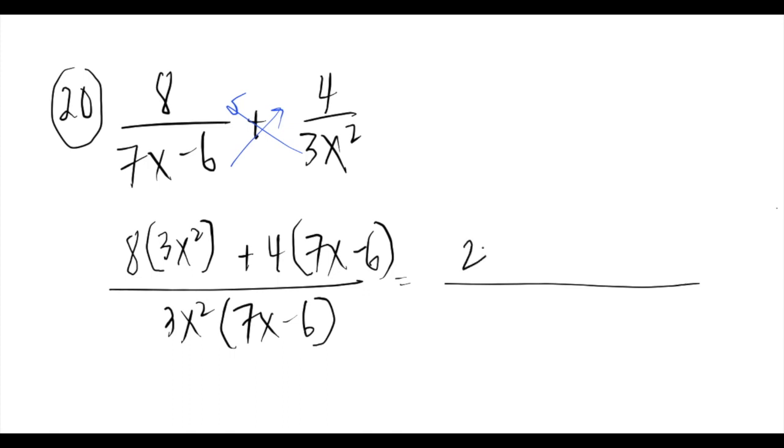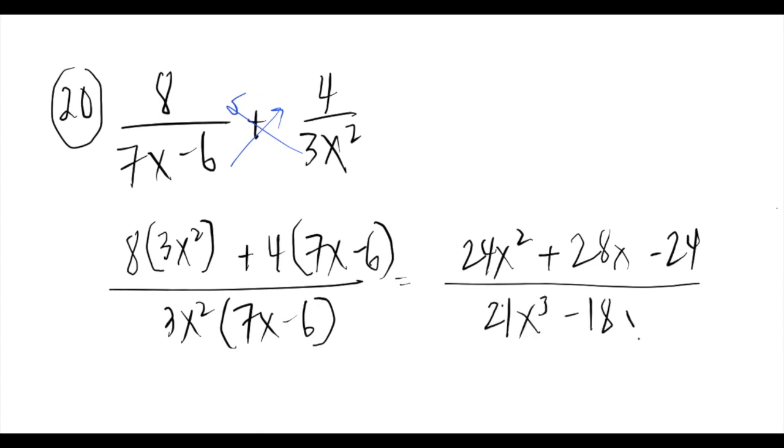Numerator natin is going to be 24x squared plus 28x minus 24. Over, i-multiply na natin ito, we will have 21x cubed minus 18x squared. Okay, this is our final answer.